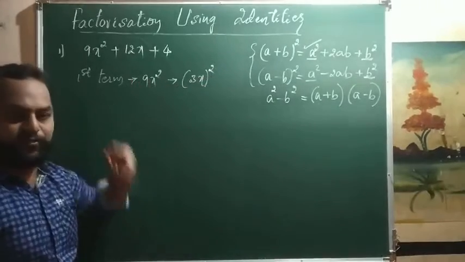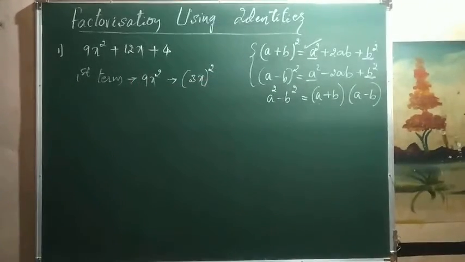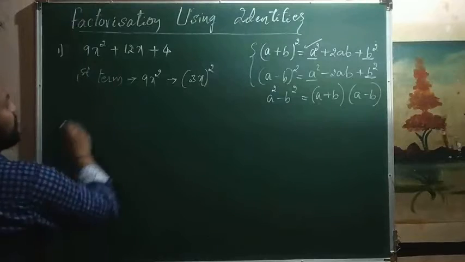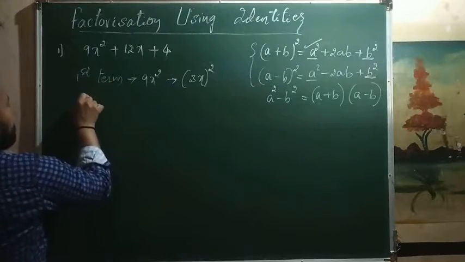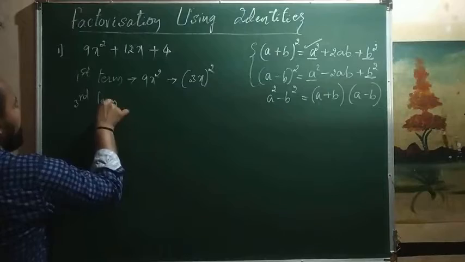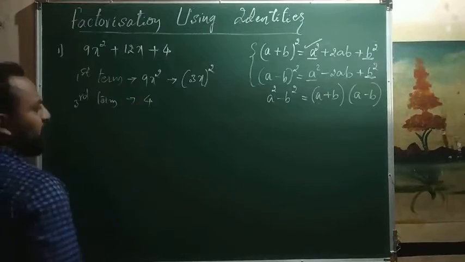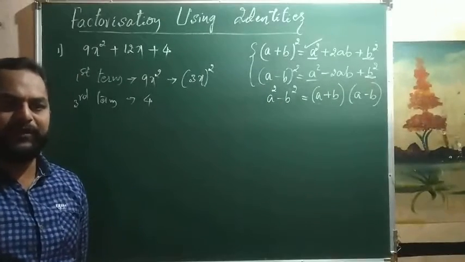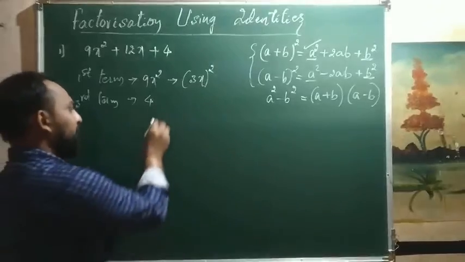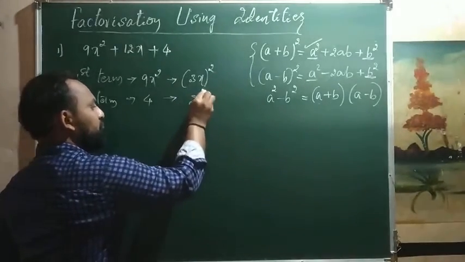So 9x square is a perfect square. Then the third term is 4. The 4 is also a perfect square, 2 square.